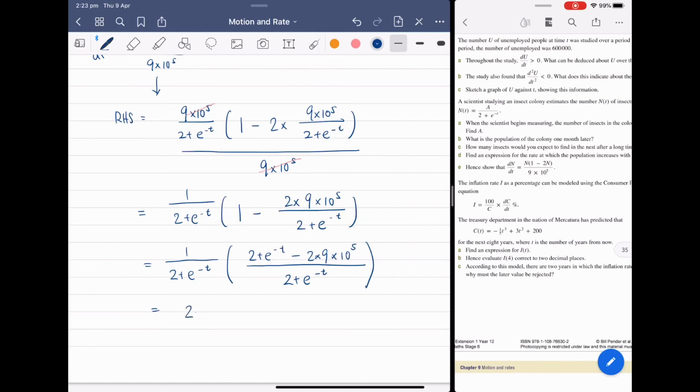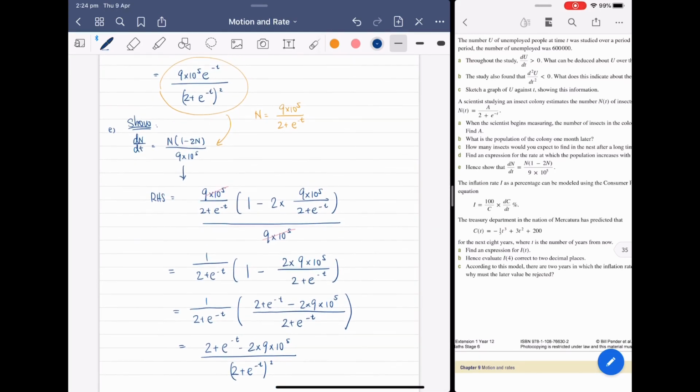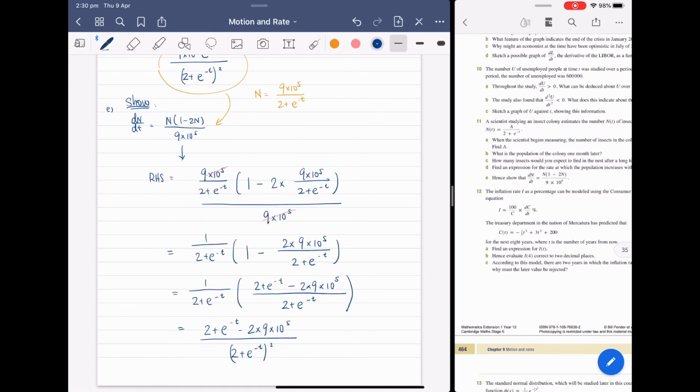So you get 2 plus e to the power minus t minus 2 times 9 times 10 to the power 5 over 2 plus e to the power minus t squared. Okay, let's compare the answer. That's not the answer we have. Alright guys, back to this question here.